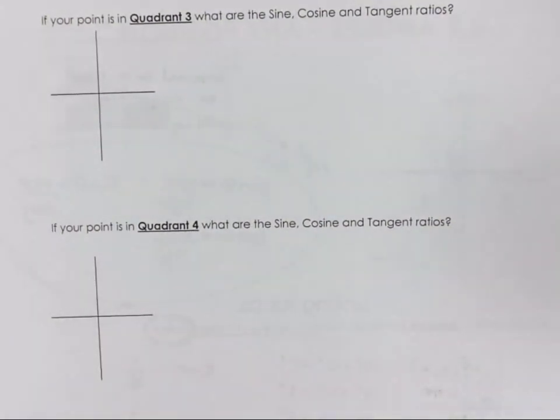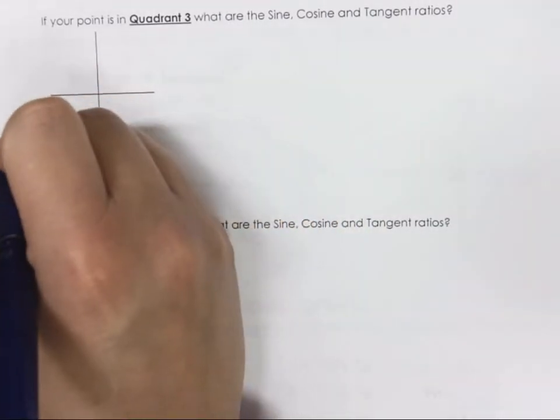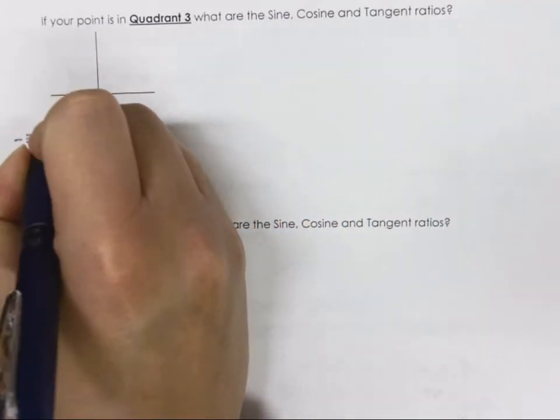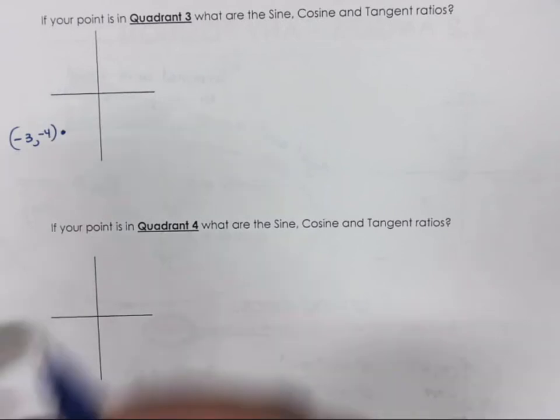Quadrant 3. We're going to pick up the pace a little bit. What's a point in quadrant 3? -3, -4. I like it. So -3, -4 for the record. My points are getting less accurate in location and more about can I fit my triangle in there.